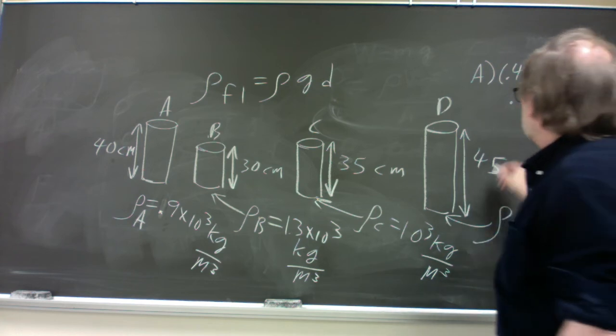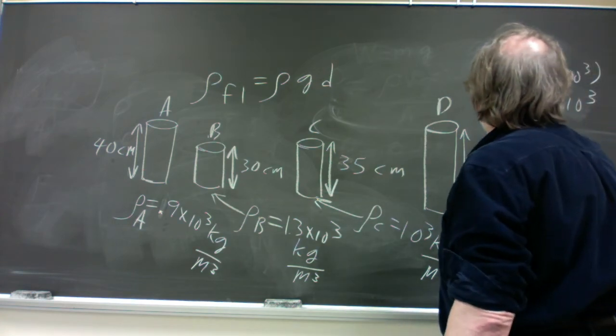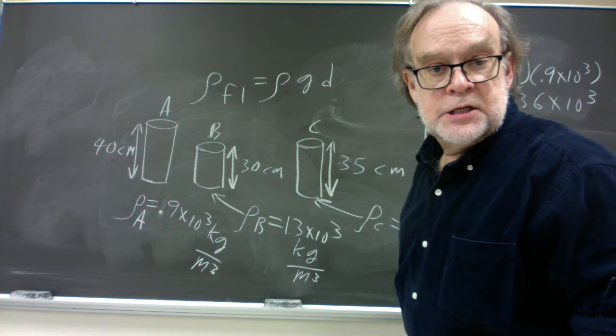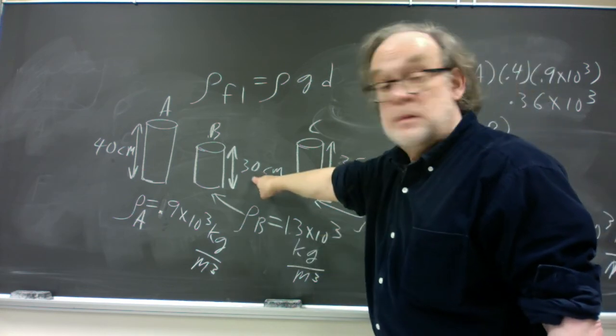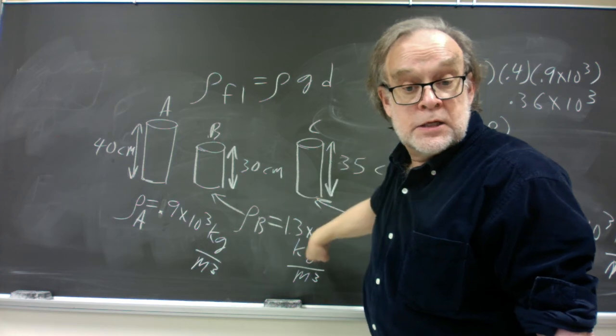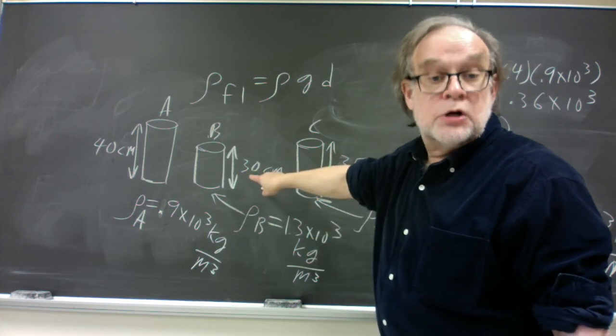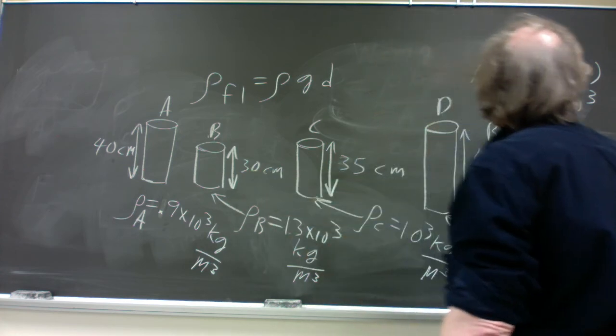And then for B, density times depth is 1.3 times 10 to the 3 times 0.3 meters.